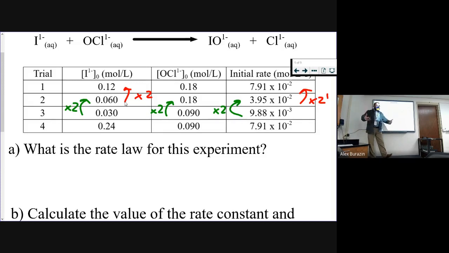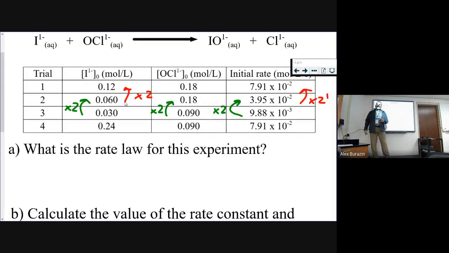Any remainder or any additional change must have happened because of this reactant. See what I'm saying? I know how this is going to mess with the rate. I don't know how this is going to mess with it. So if I can understand this double, this must, at a minimum, double. Any additional change happened because of that.